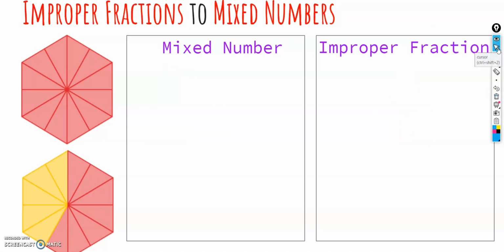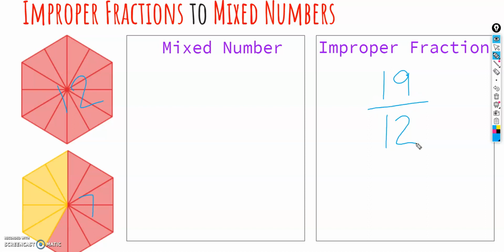Okay. Now we're going from improper fractions to mixed numbers. So we have 12 pieces here. And then we have 7 more, so that's 19, and they're broken into twelfths.